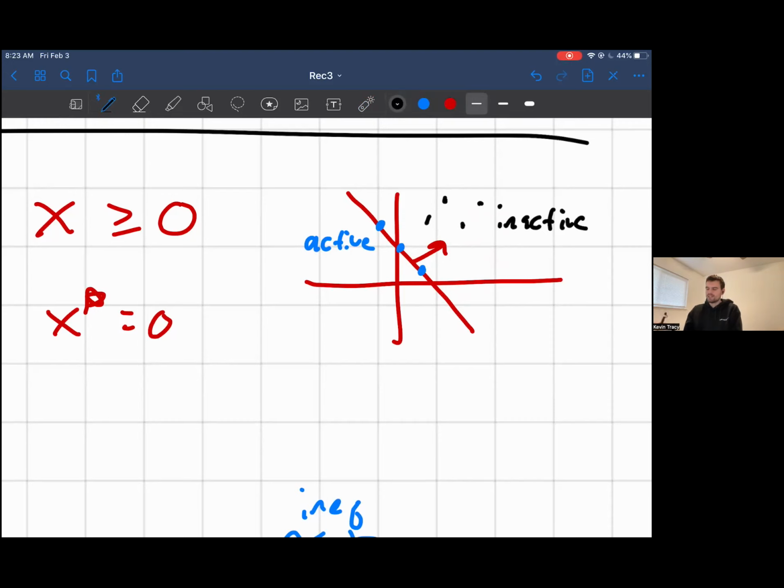So for an inactive constraint, it's as if the constraint isn't there. We ignore it, it has no effect on this problem. If the constraint's active, then we treat it like an equality constraint. So if x ends up being on this line right here, then I can treat this as if the constraint is x must be on the line.